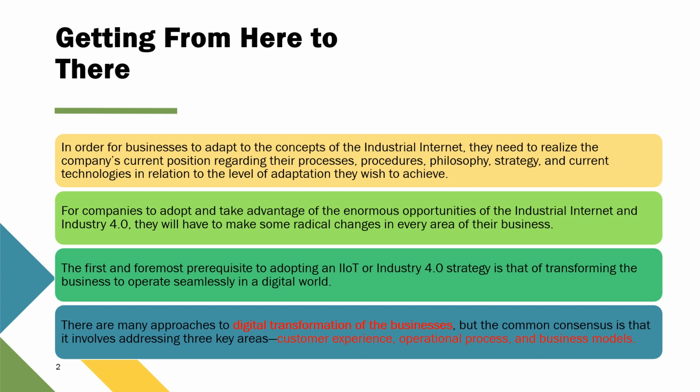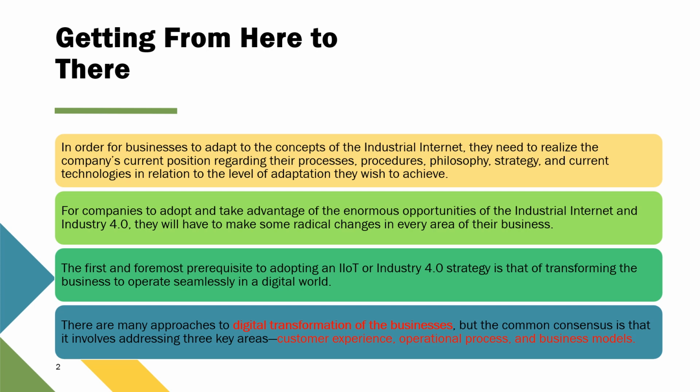Okay, so for this company to adopt and take advantage of the industrial internet and industry 4.0, radical changes cannot be prevented. Of course, when we are familiar with the traditional methods, sometimes all of the business are comfortable with that process, but in order for the industry to move forward towards industry 4.0, of course radical changes will be needed.